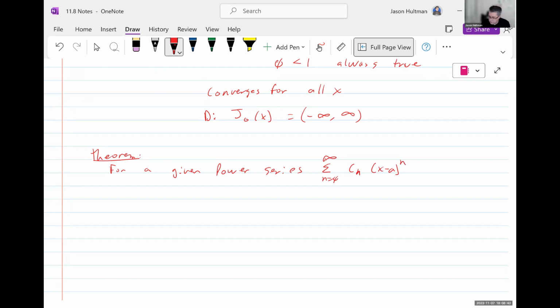And if it's centered at 0, then a is just 0. So this is just your generic power series. There are only three possibilities.